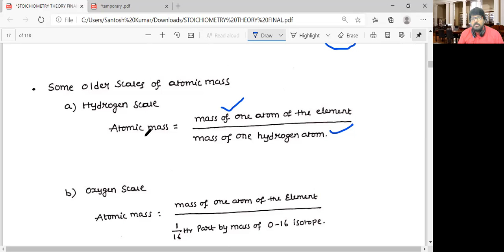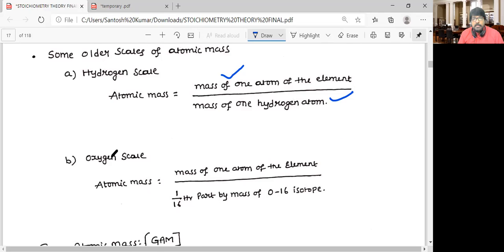So this is atomic mass according to which scale? Hydrogen scale. Oxygen scale: absolute mass of an atom by 1/16th part of O16 isotope. But this is only for information's sake, don't be confused with all these things. You take the IUPAC scale.